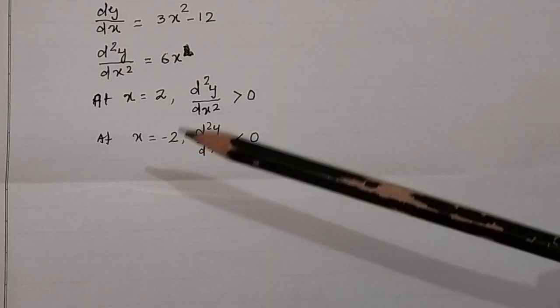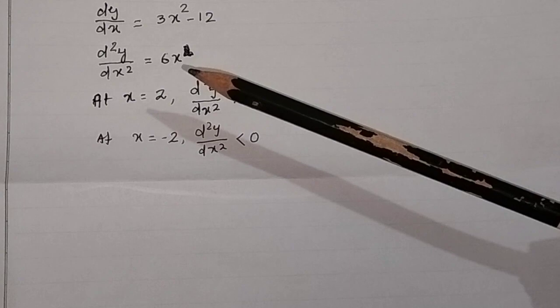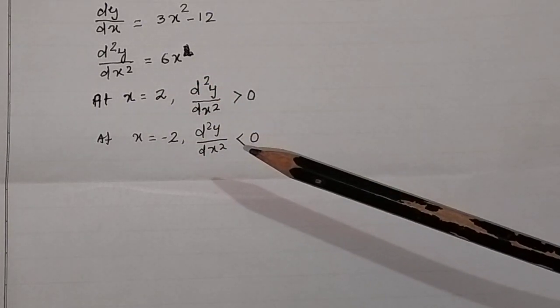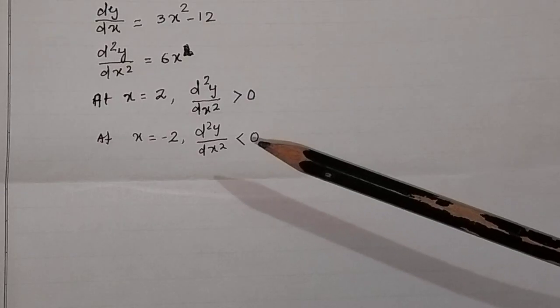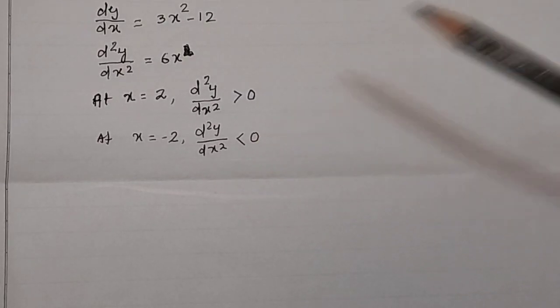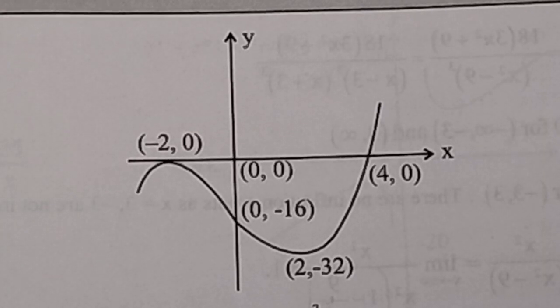and at x equal to minus 2, if you put x equal to minus 2 here, this will be equal to minus 12. So the second derivative will be less than 0. So the function will be concave downward or convex upward. Now you can plot the graph of the given function y equal to x cube minus 12x minus 16.